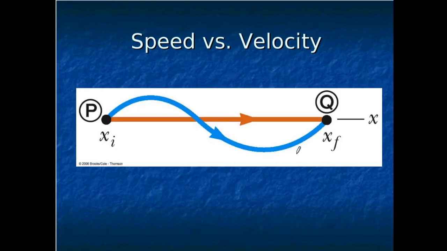The dog is going to end up having a higher average speed than the person because they traveled a larger total distance, where the person is going to have a lower average speed. But they'll have the same average velocity, again, because the displacement is the same for both of them in the same amount of time.